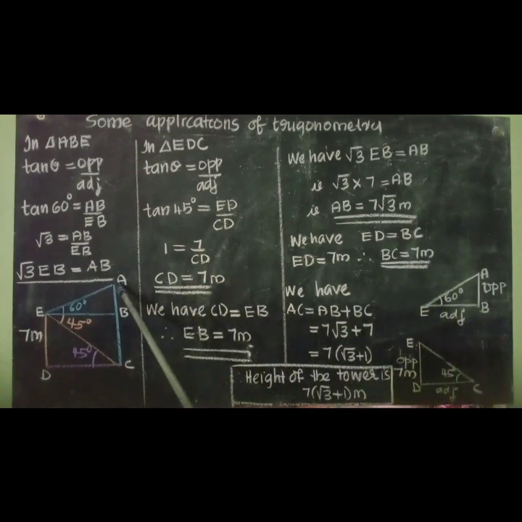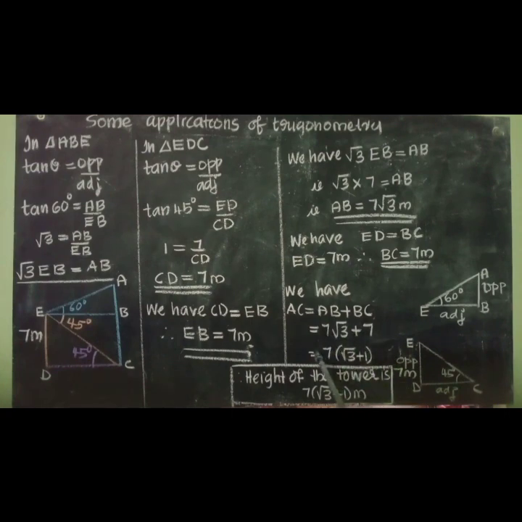Now, we go to the value of AB and BC both. We know this AC is the full length. AC equal to AB plus BC. So, we can write we have AC equal to AB plus BC. That is equal to 7 root 3 plus 7. Here you can see 7 is common.